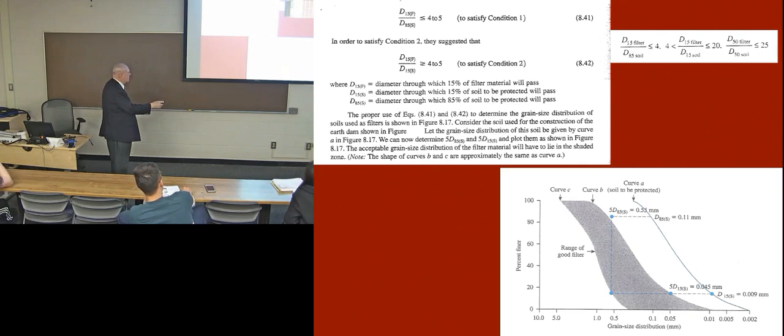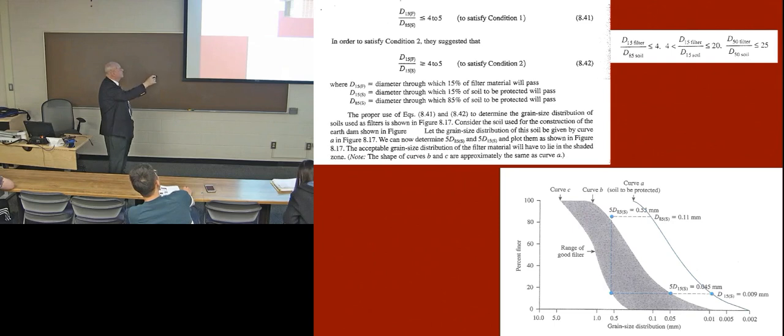So the 15%, well, here's the percent finer, 15% is here, and this whole range may work for a filter. And you divide that by the 85% diameter of the material to be protected. Here's the material to be protected, 85% up here, and there's the size. So we have the size in millimeters and two possibilities here in the filter sizes. And that ratio must be less than 4, maybe 5, but in this range.